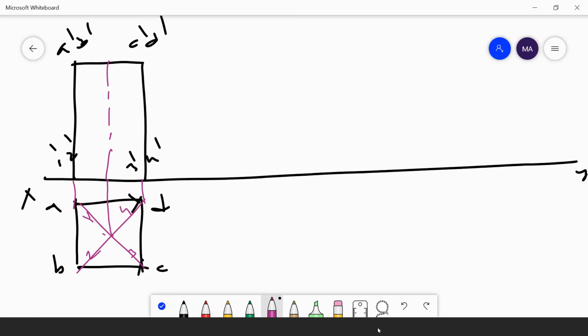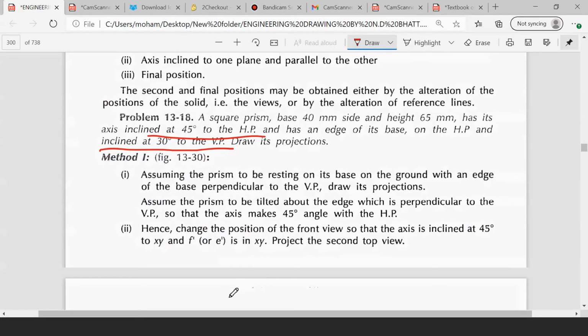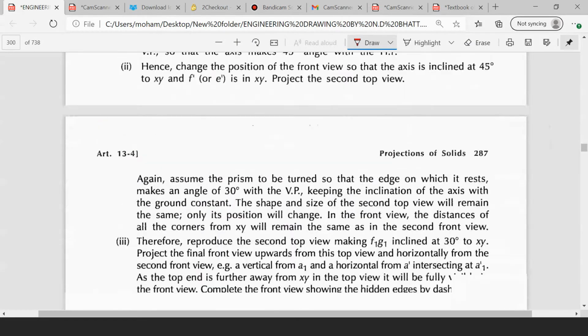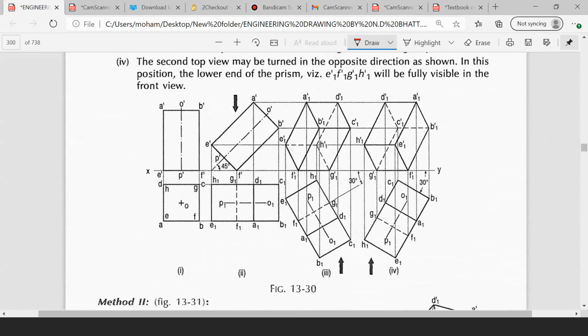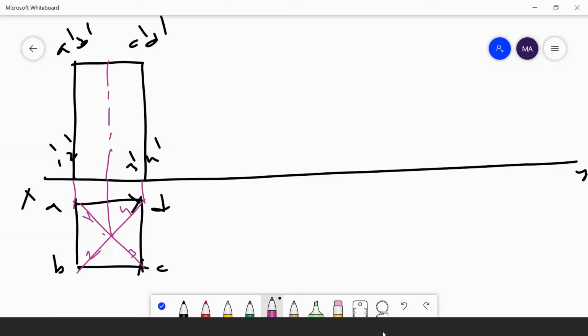Then he has mentioned that a square prism is 40 mm size. Now drawn like this. You can take the axis as any notation. This one is O, P. Here he is considering top as O dash, bottom as P dash.